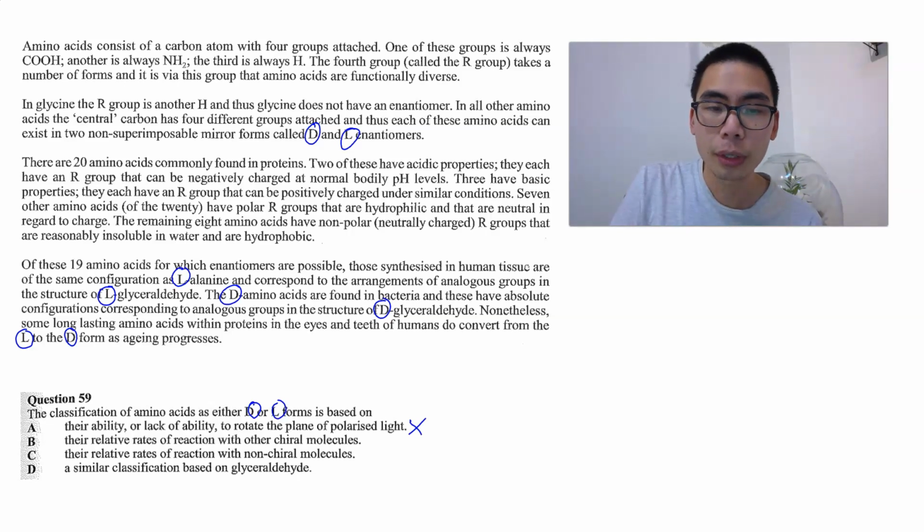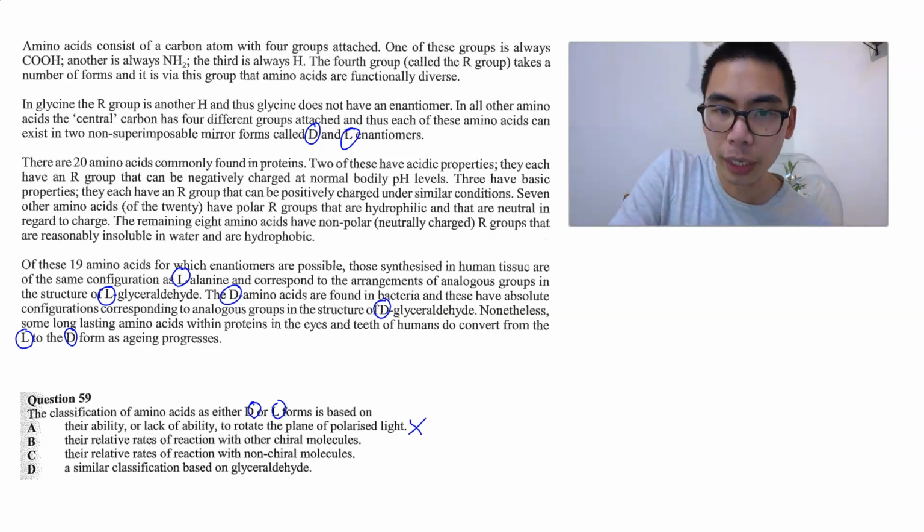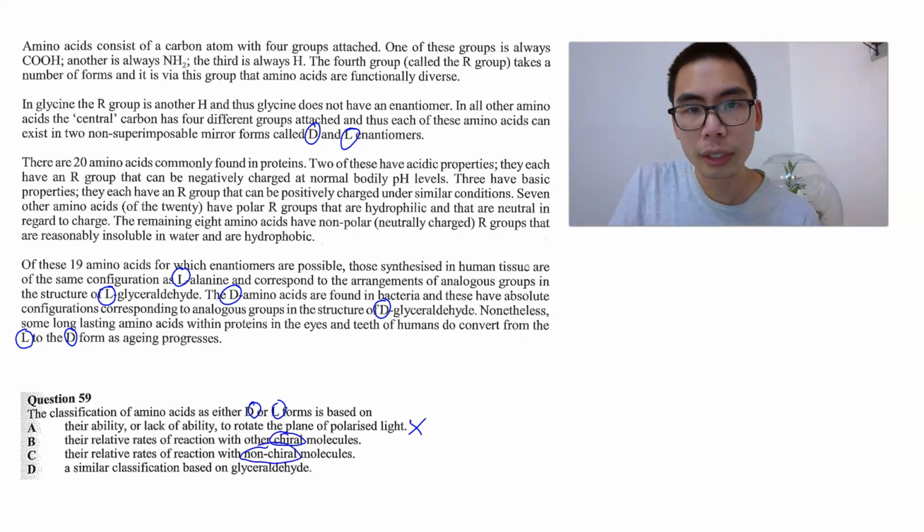Let's keep on going. So B, their relative rates of reaction with other chiral molecules, or C, their relative rates of reaction with non-chiral molecules. If you have a look, there is some mention of chirality in the second paragraph. In fact, it talks about a central carbon with 4 different groups and that there are 2 non-superimposable mirror forms.